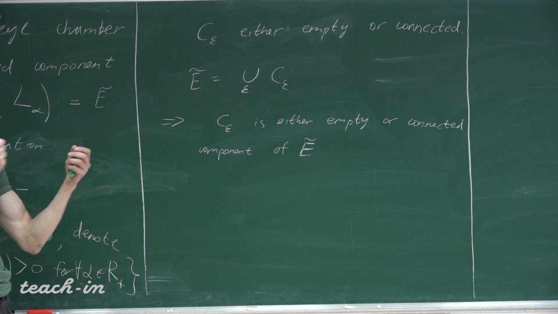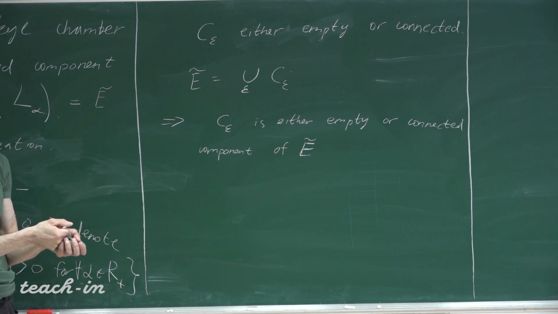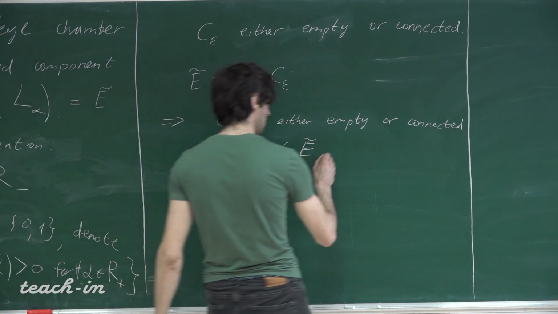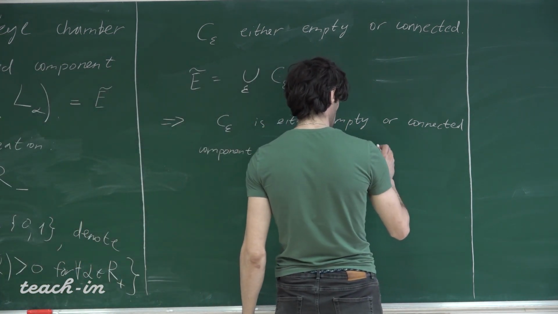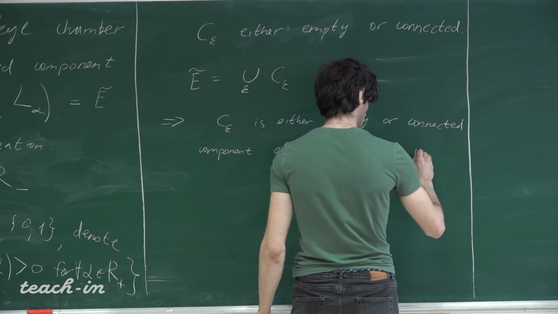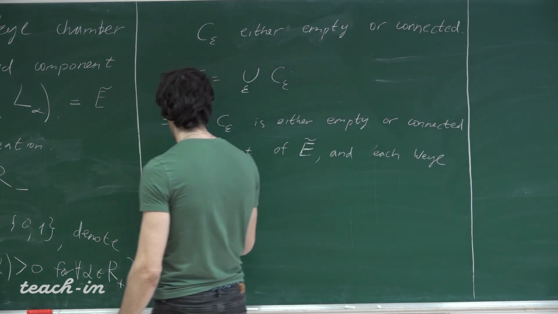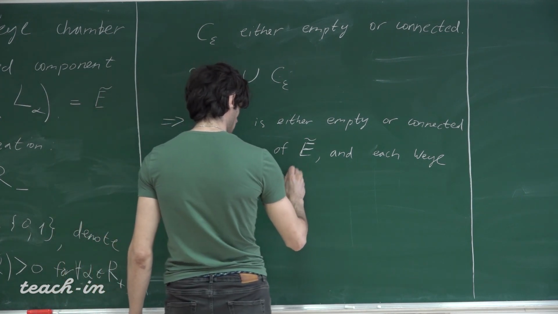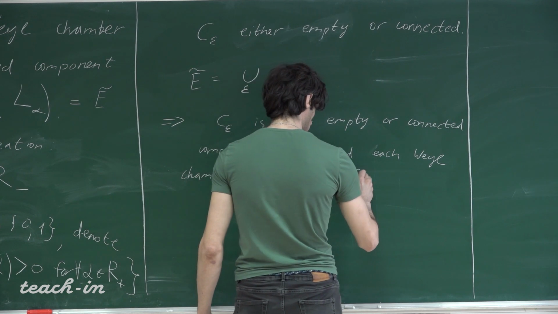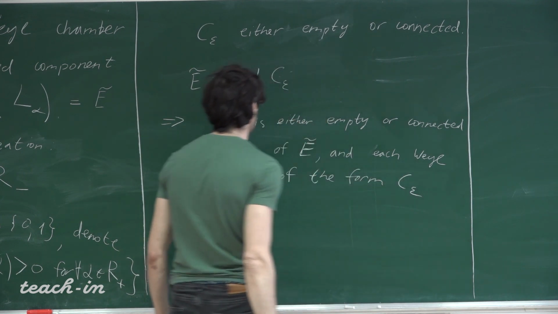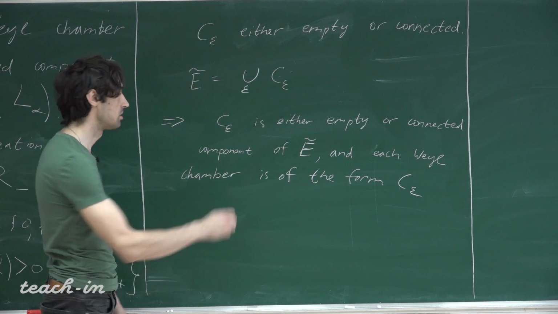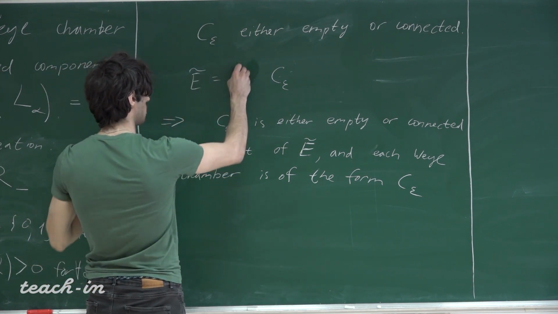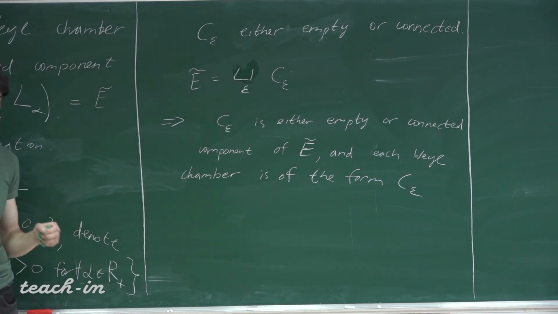And moreover, each Weyl chamber is of the form C epsilon. Let me make this statement clearer by changing it to a disjoint union.